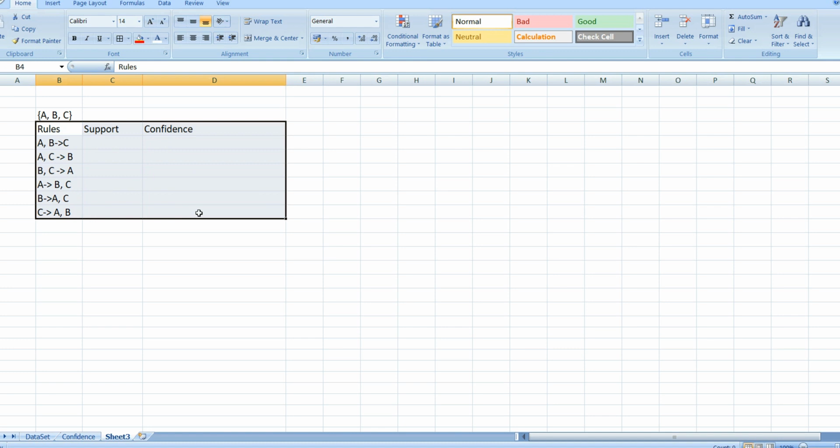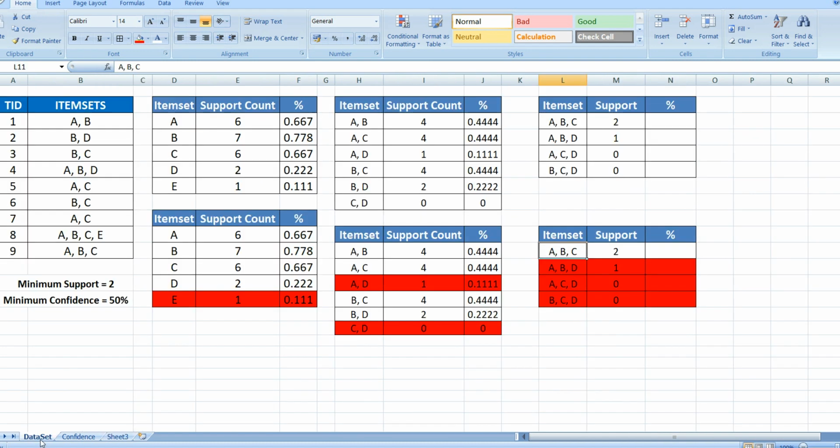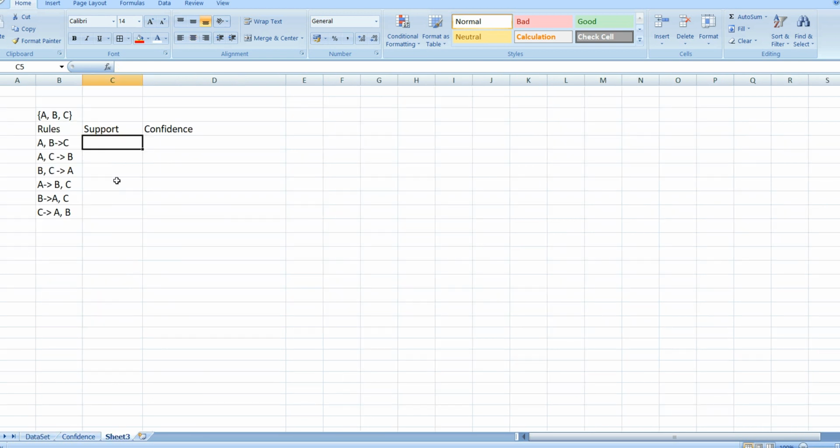But our main objective is to find interesting relationships which are strong. And taking from the last result, our support is 2, which takes us to give all of these to have a support of 2.